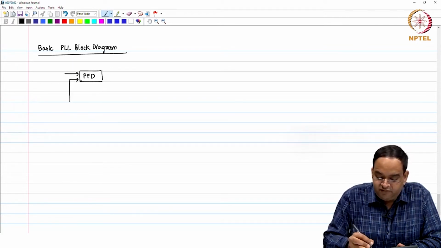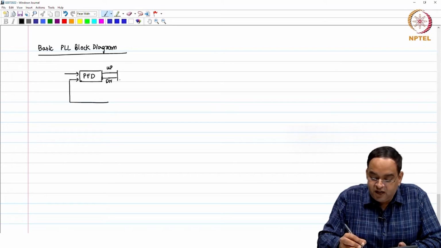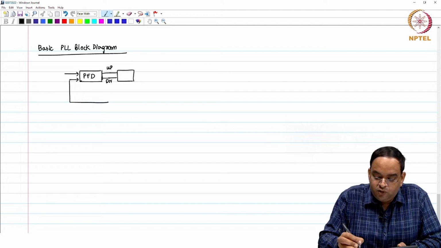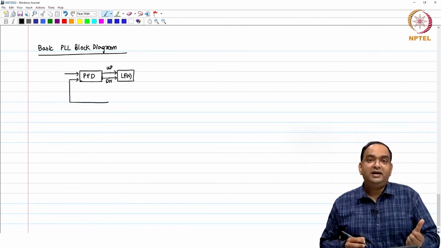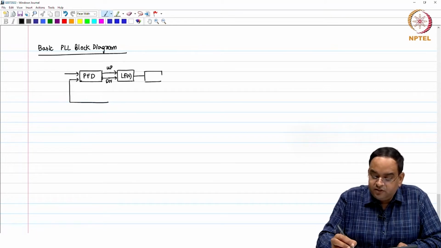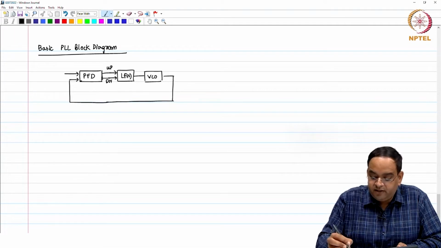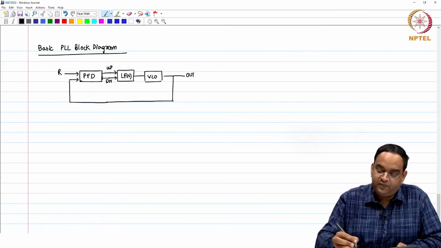The PFD output gives us two signals, up and down, and these have to be interfaced with the loop filter, because the average of the up and down signals has the information about the phase error. This goes to the VCO and then you feed it back. So, this is your reference, this is your output, right.